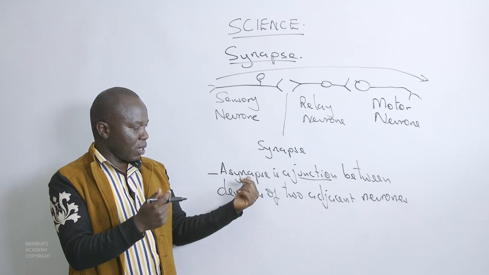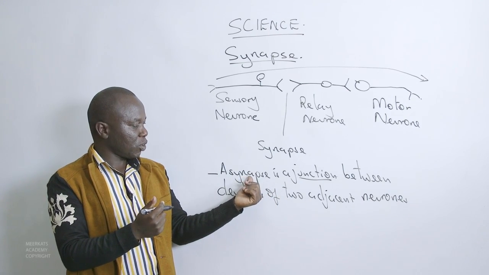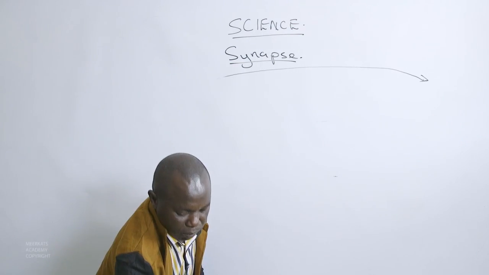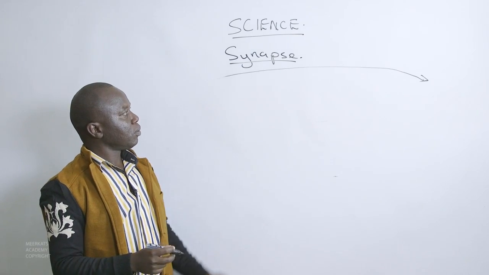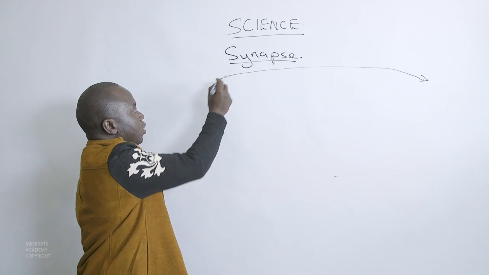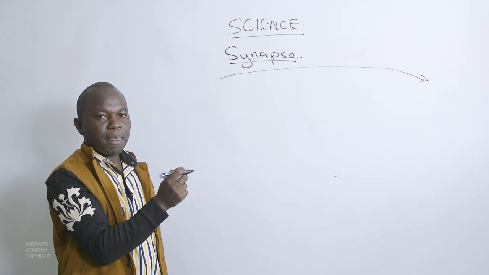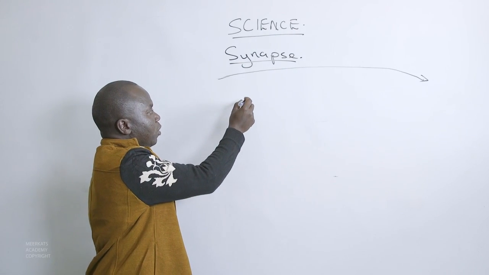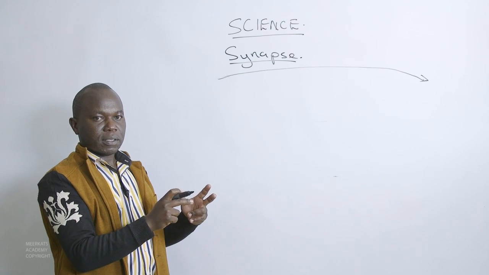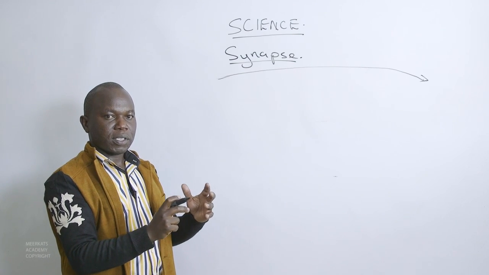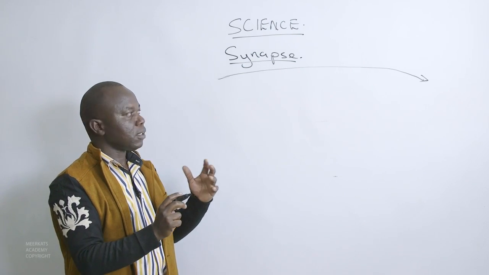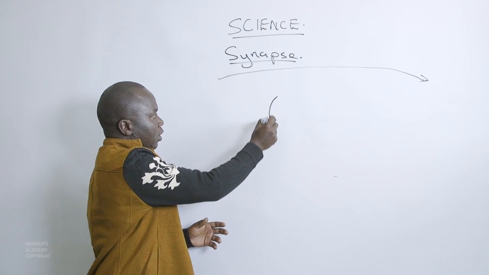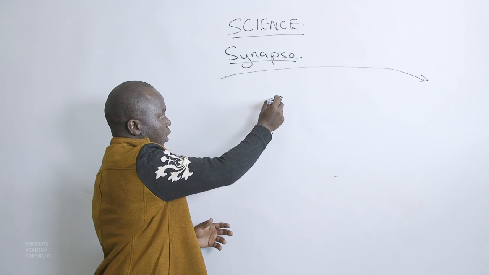So that becomes one of the functions of the synapse. We can look at the structure of the synapse, and thereafter we look at the function. Between dendrites of any adjacent neurons, we shall have this magnified structure that we are calling the synapse.